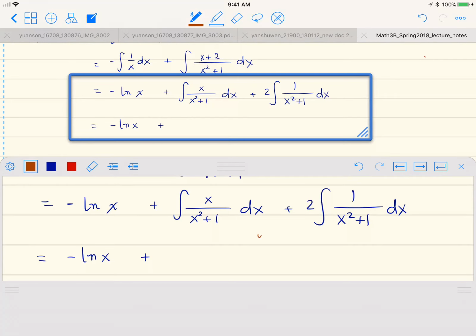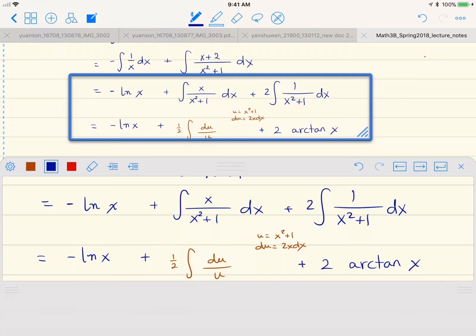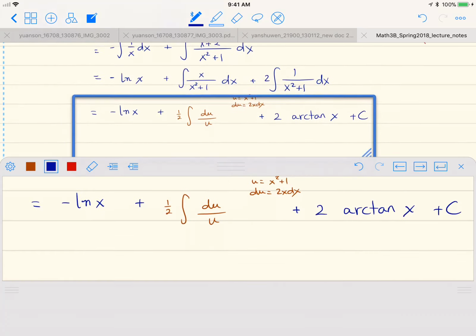Now we can write negative natural log of x plus, we're going to do a u substitution. If we let u equal x squared plus 1, then du is equal to 2x dx. So we'll have 1/2 the integral of du over u. And then at the back here, we should recognize this as arctangent of x. Let me put plus a constant.